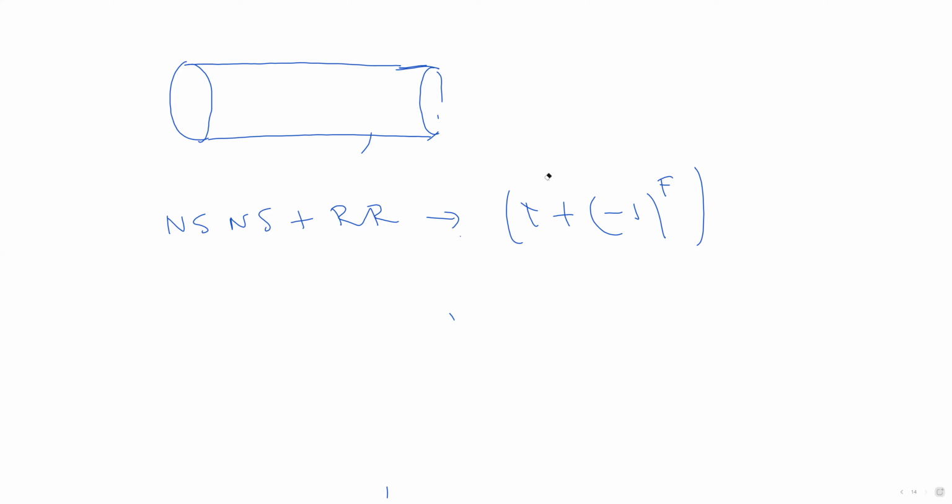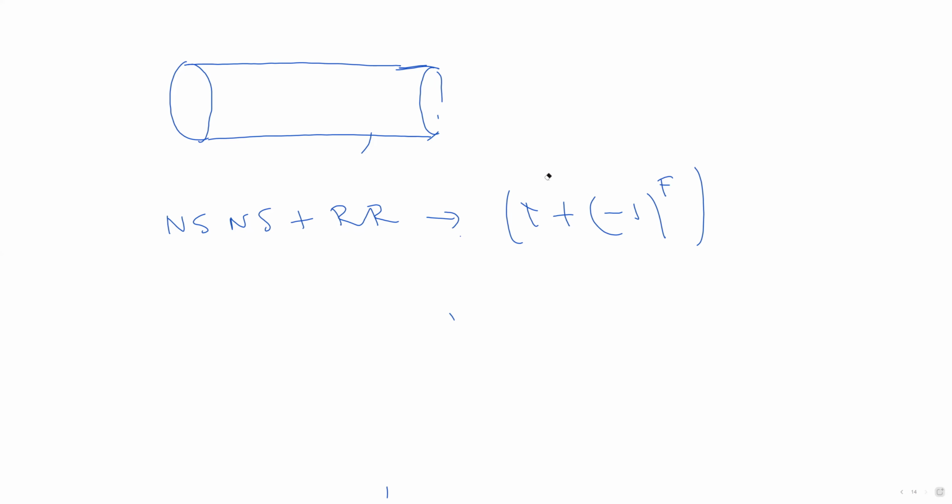So what you have to do in the open string channel, when you do this calculation, is to not use the GSO projection. You separately calculate the contribution from 1 and from (-1) to the F. So you take the trace in the open string channel. The trace has 1 plus (-1) to the F. That is the complete trace. But you can calculate separately the contribution from 1 and the contribution from (-1) to the F, because you know the full spectrum.